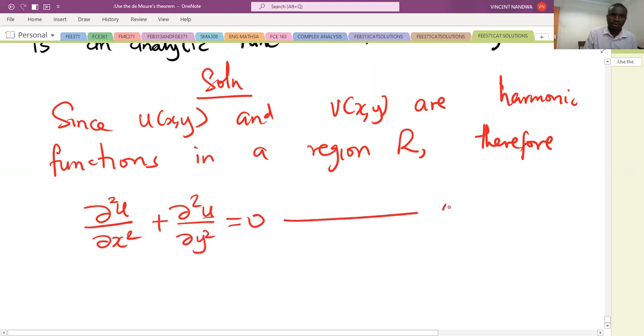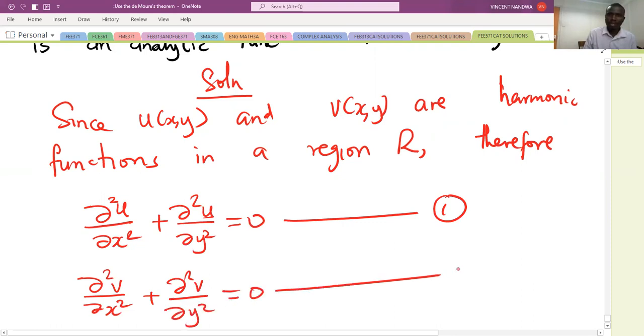Let's call this equation 1. And ∂²v/∂x² + ∂²v/∂y² = 0, equation 2. Actually, this is from the definition of a harmonic function.